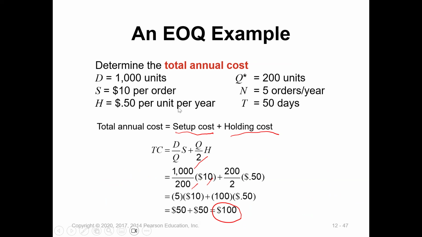Okay, the total cost. The total annual cost is equal to the setup cost plus the holding cost. We call it TC, the total cost. TC is D over Q times the setup cost plus Q over 2 times the holding cost. We know D, it's 1,000. The Q is 200 here, it's given.